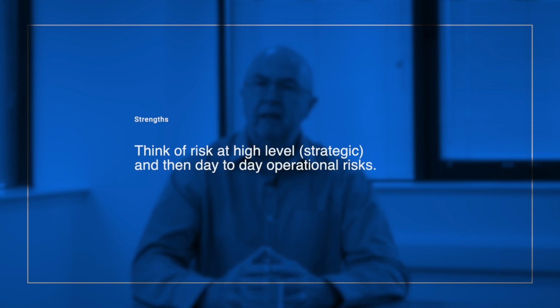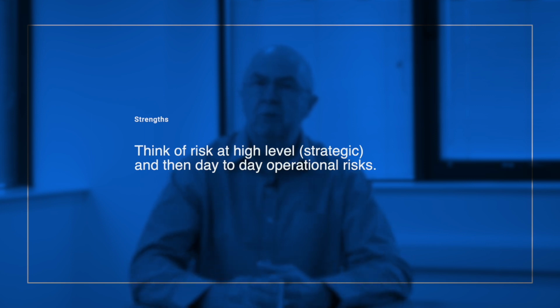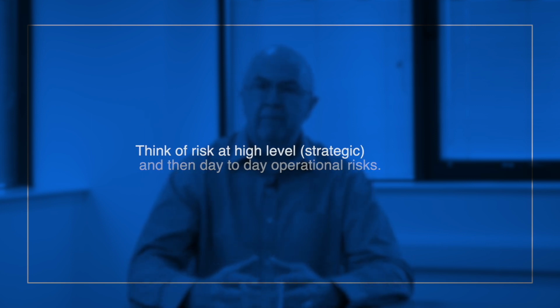And the good thing is the auditor was talking to the process owner in the production work environment. And when we think about risk and opportunity, we can think about risk and opportunity at the strategic level, but also the operational day-to-day level. And this was something that the auditor was exploring with the auditee.